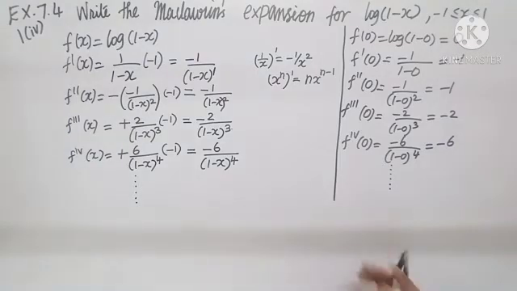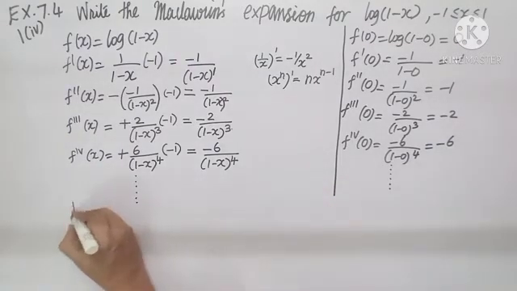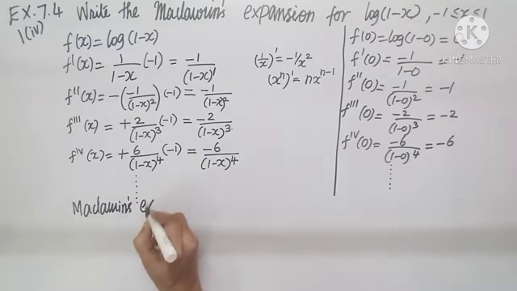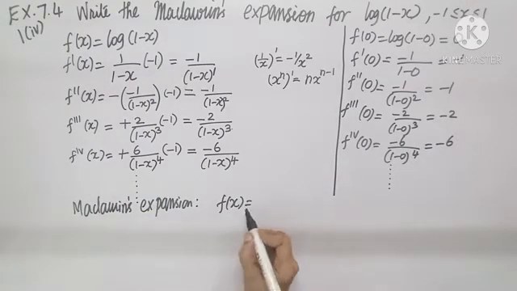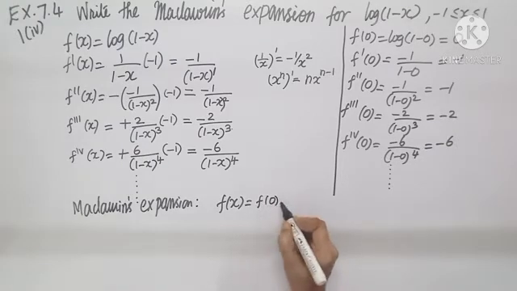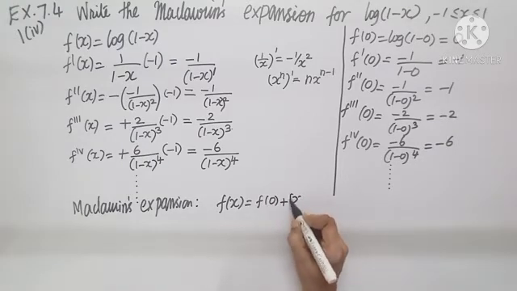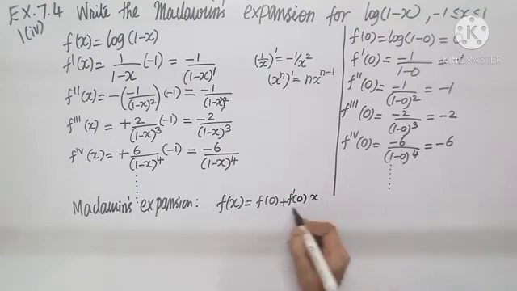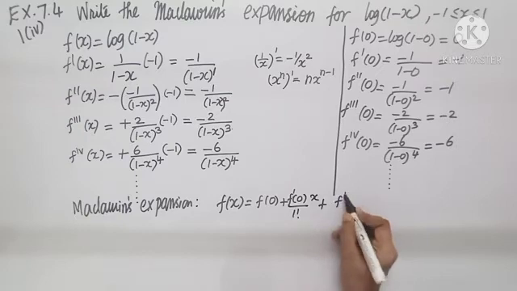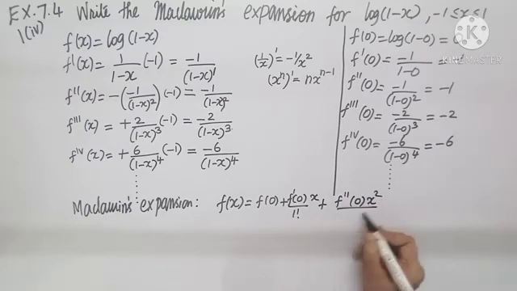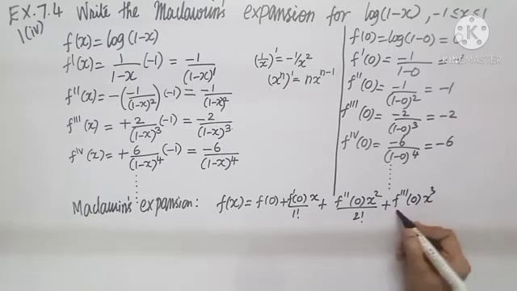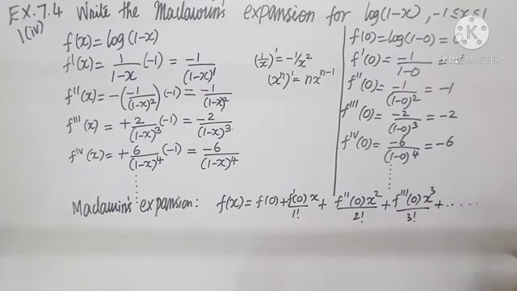Let us remember Maclaurin's expansion. What is the expansion? See how we write it. f of x is equal to f of 0 plus f dash of 0 into x by 1 factorial, f double dash of 0 into x squared by 2 factorial, f triple dash of 0 into x cube by 3 factorial, and so on up to infinity.